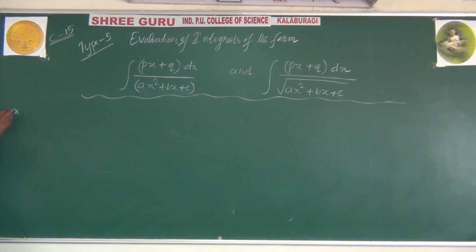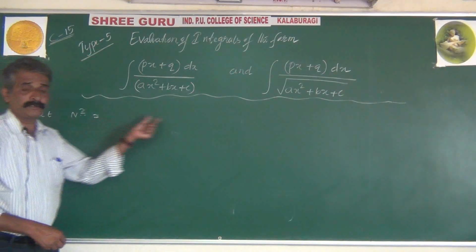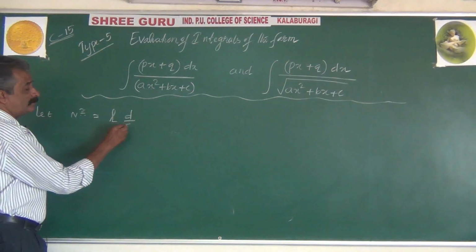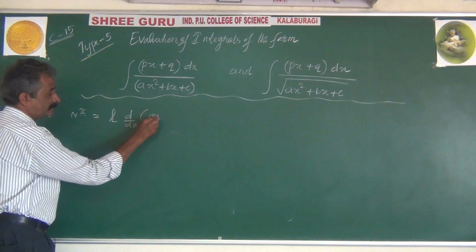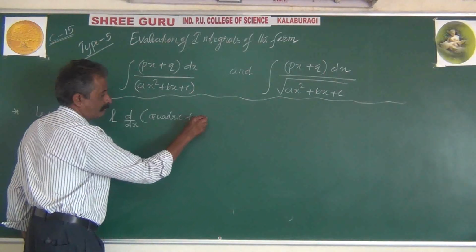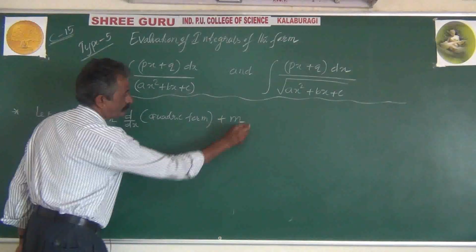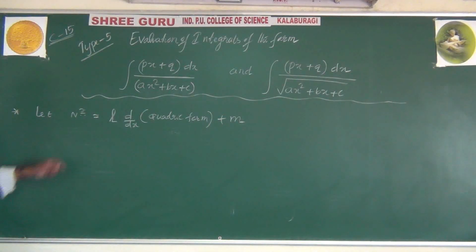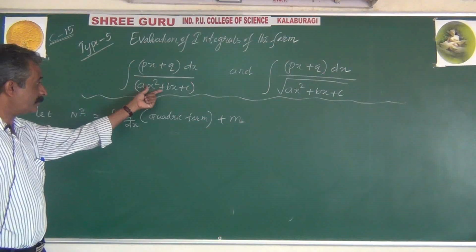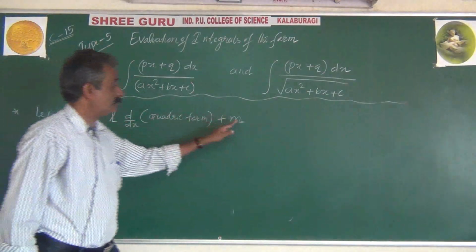In the first step, let numerator equal to, we need to express the numerator in this particular format: numerator equal to a constant L into the derivative of the quadratic expression, plus another constant M. Observe, in the problem the numerator and the quadratic term are present, but L and M are not present.